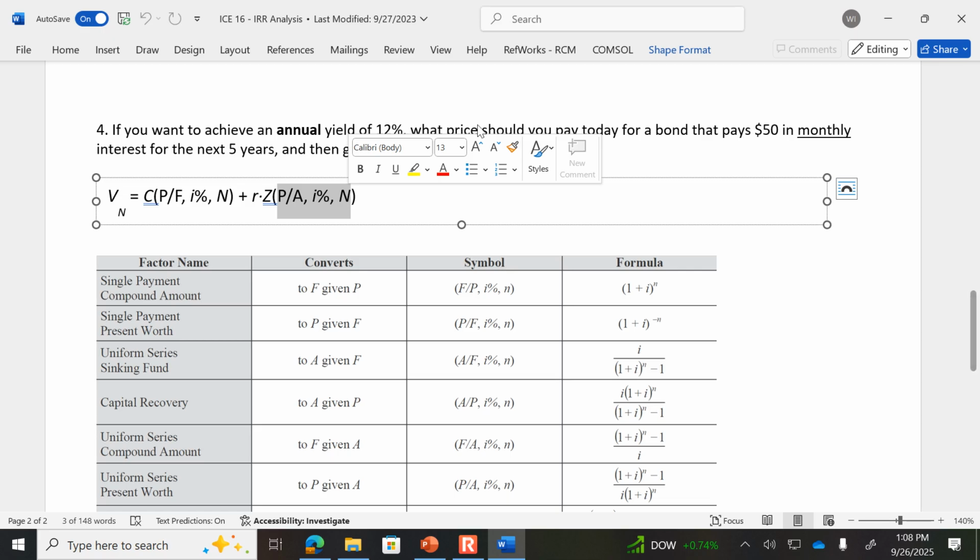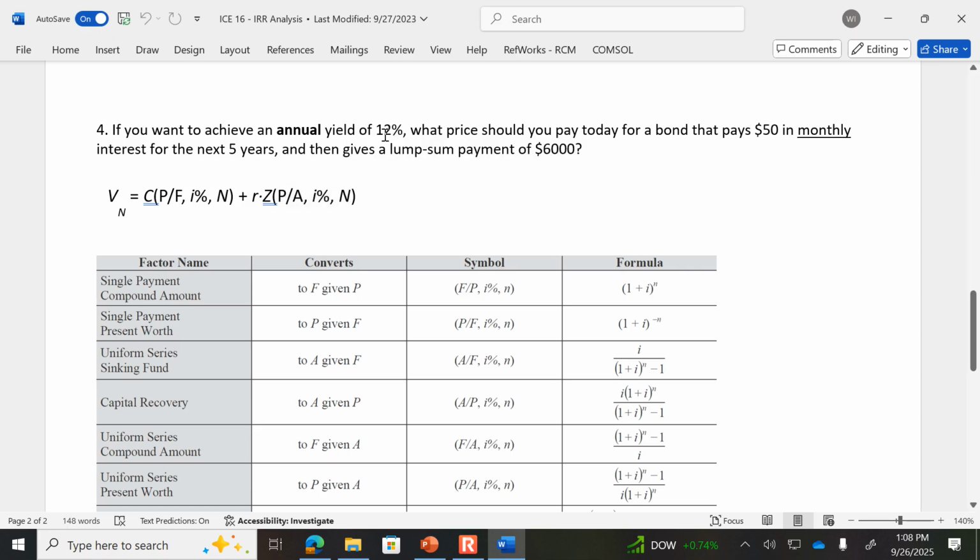What we want to know is we're trying to achieve a yield of 12%. That's the annual yield. The interest per period would be 12% divided by 12, because we want to know the interest per period.